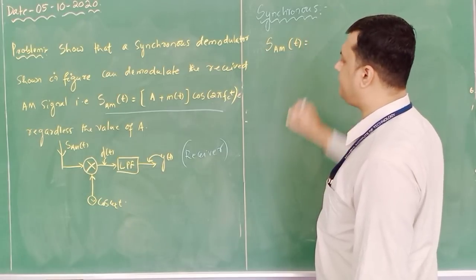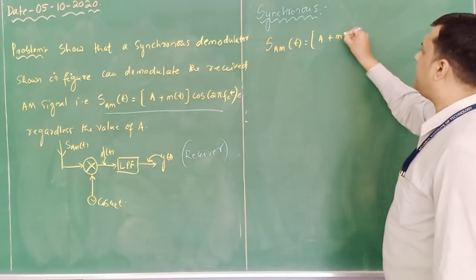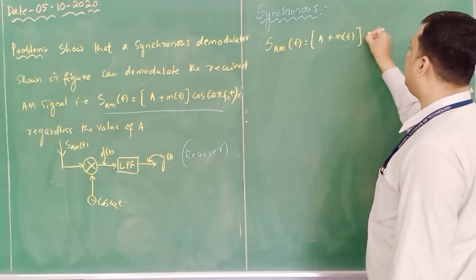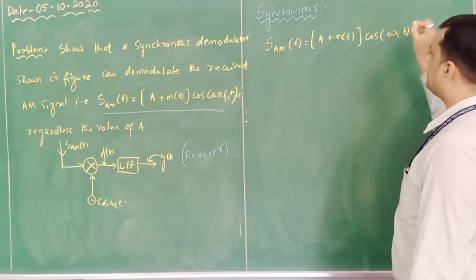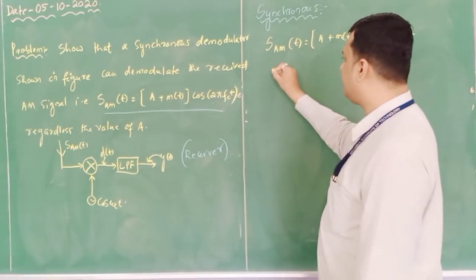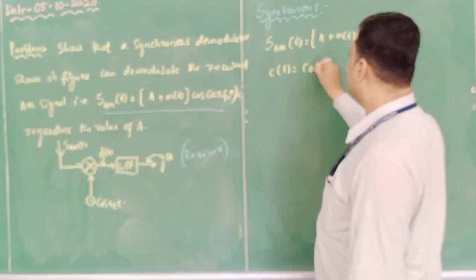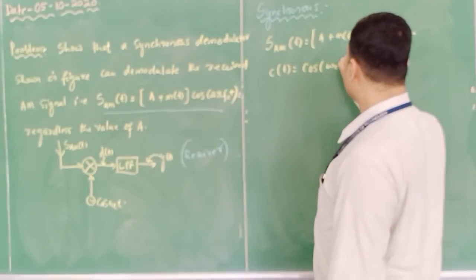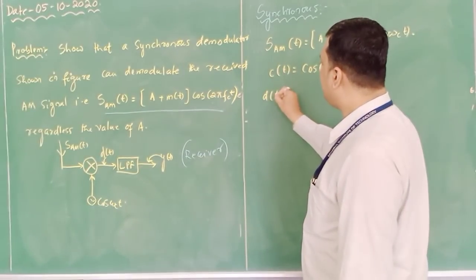Okay. So now, my first given data: S suffix AM of t is equal to A plus m of t cos omega ct. At the receiver, the carrier C of t is cos omega ct. What will be my d of t?